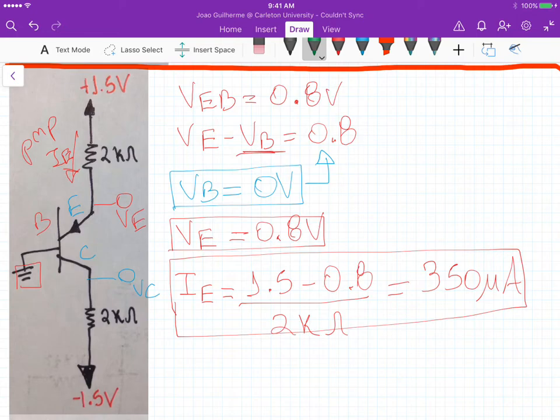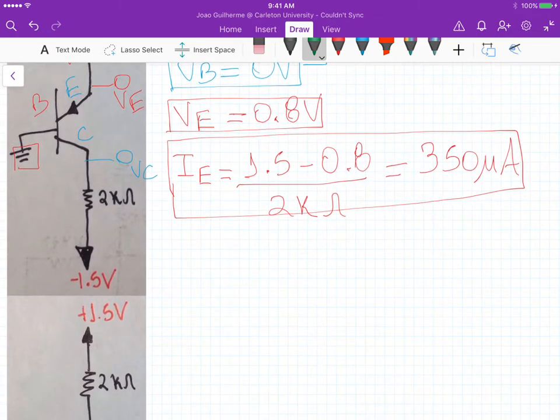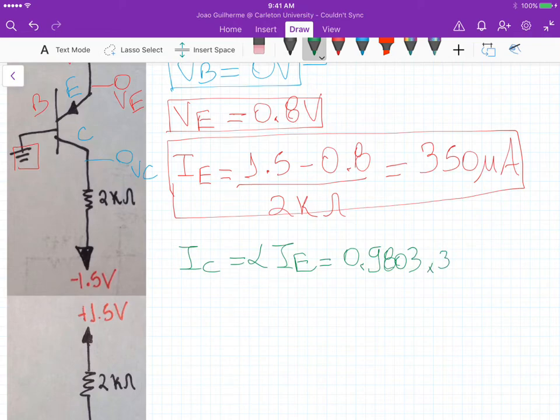So IC here is equal to alpha times IE, which is the same as 0.9803, because remember the beta for this circuit is the same as for the previous one, so it's still 50, and that's times 350 microamps, which gives us IC equal to 343.1 microamps.